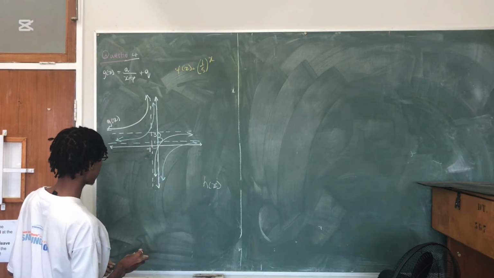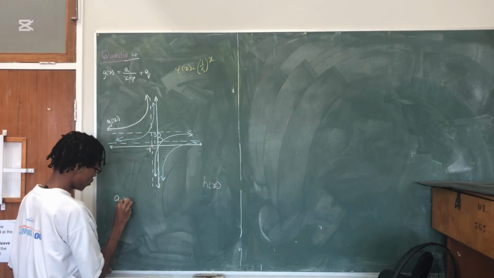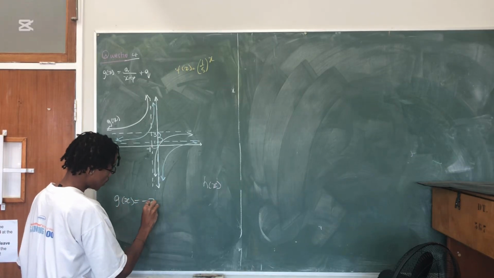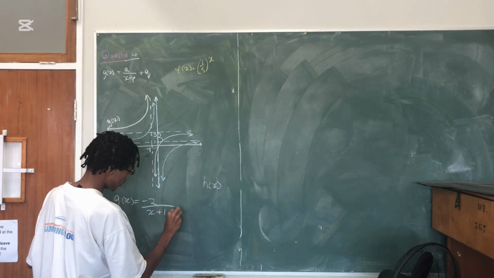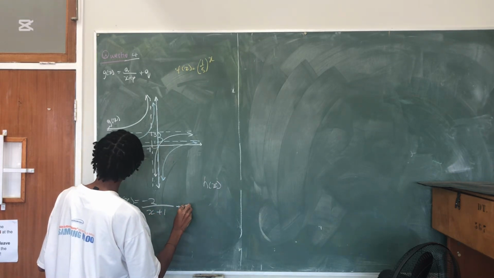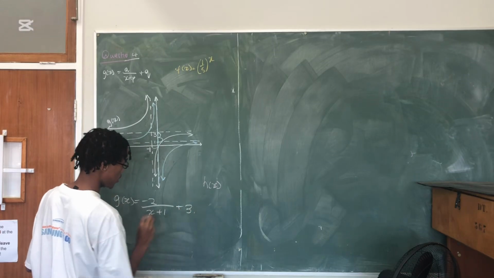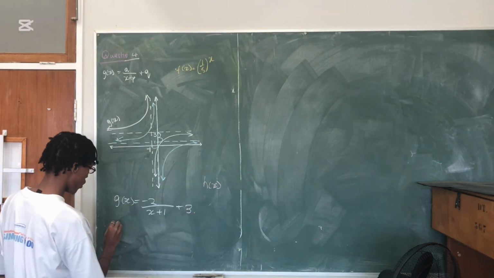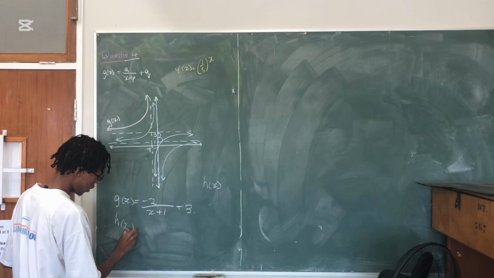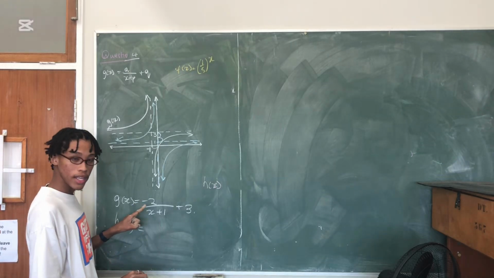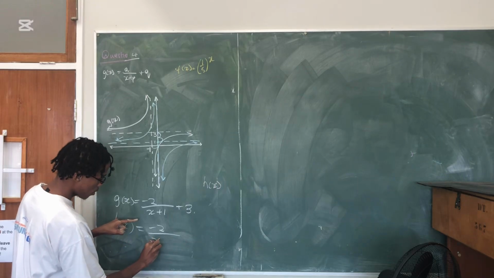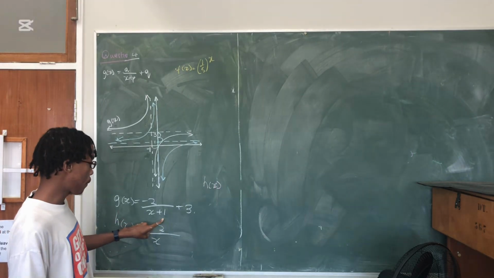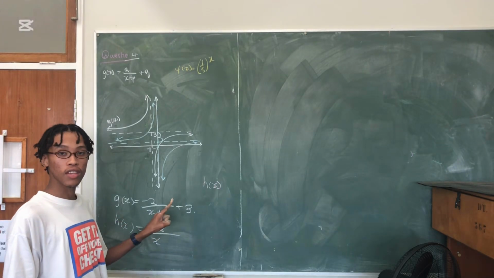The g of x equation we found to be -2 over x plus 1, plus 3. For the new h of x equation, -2 remains as it is. The only things that change are p and q, the coordinates of the asymptote.